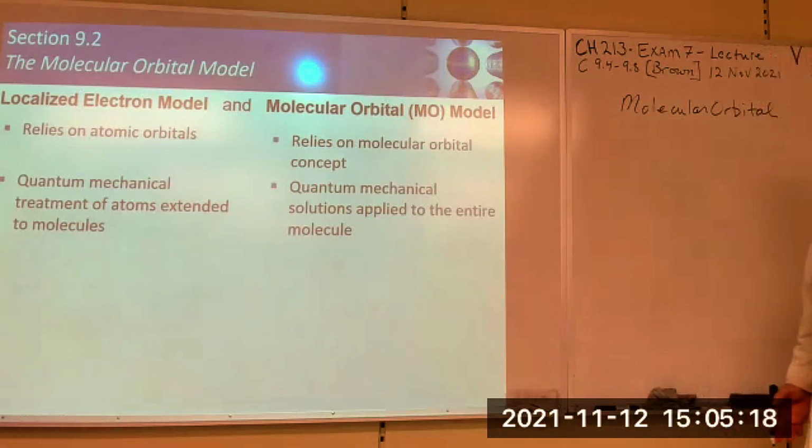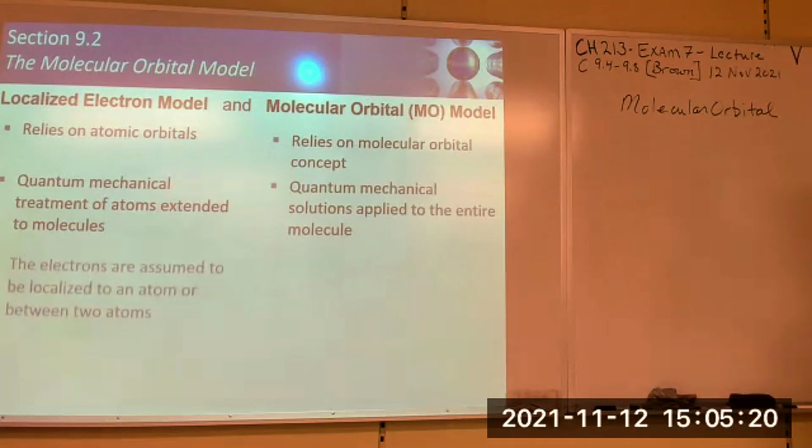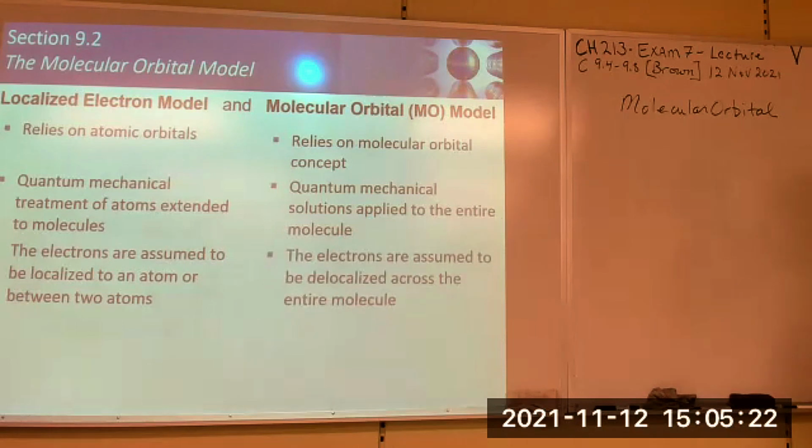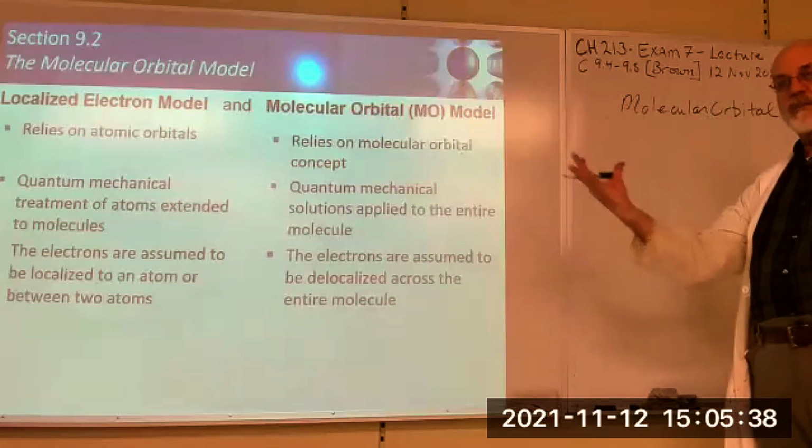It's a different math. We assume the electrons belong to the atom of their origin, whereas here, all the electrons are delocalized. That's the magic word. In the molecular orbital model, the electrons are delocalized over the entire molecule.